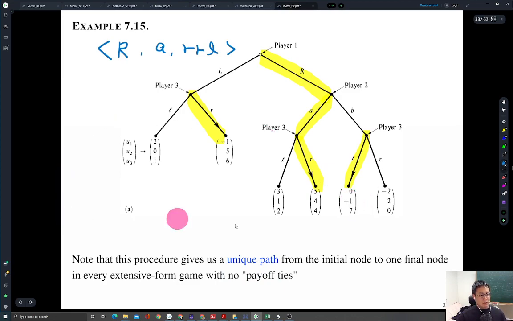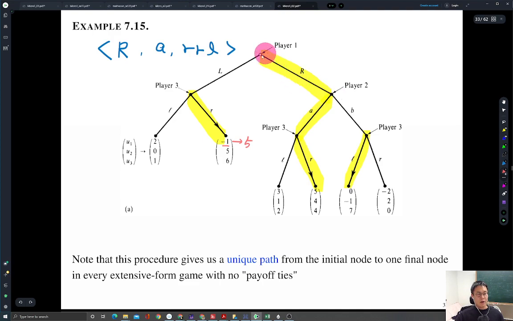Alright, so whenever we adopt this backward induction, we can identify a unique path from the initial node to one final node, like this, in every extensive form game with no payoff ties. Whenever we have a tie in payoffs, like if we change this -1, the player 1's payoff at this strategy profile, say to 5, and now we apply the backward induction procedure, we obtain the same result up to this point.